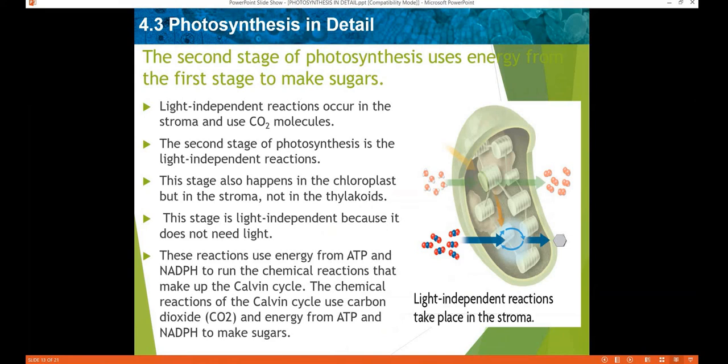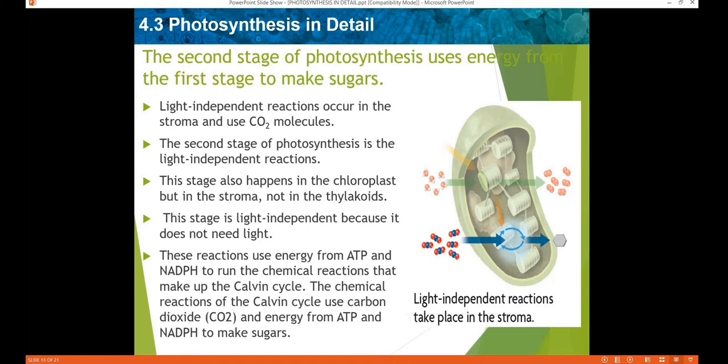So according to the presentation here, the light-independent reactions occur in the stroma, and they use carbon dioxide molecules from the atmosphere. The second stage of photosynthesis is the light-independent reactions. This stage also happens in the chloroplast, but in the stroma and not in the thylakoids or grana. This stage is light-independent because it does not need light. These reactions use energy from ATP and NADPH to run the chemical reactions that make up the Calvin cycle.